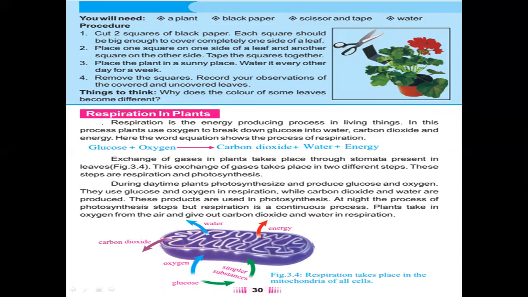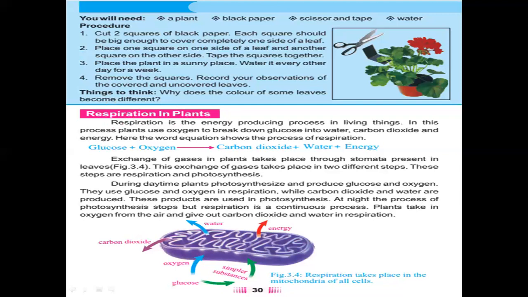So respiration is the related process of that breathing, but respiration is done within the body in the cells. And as we have seen before, in the plants, photosynthesis is a food making process, and respiration is opposite to that, that is food breaking process.